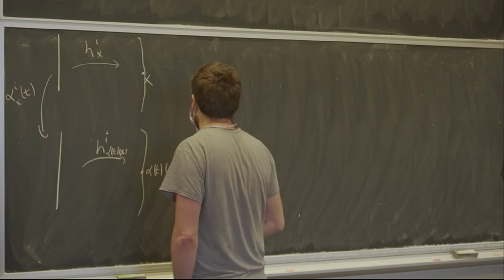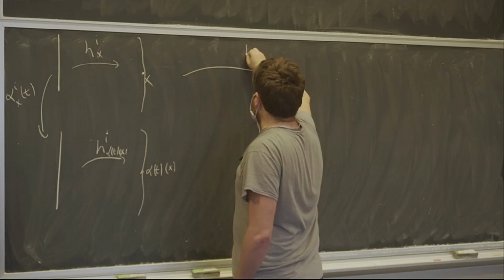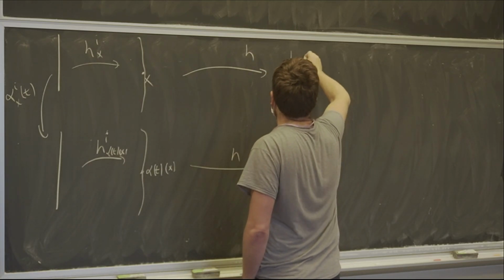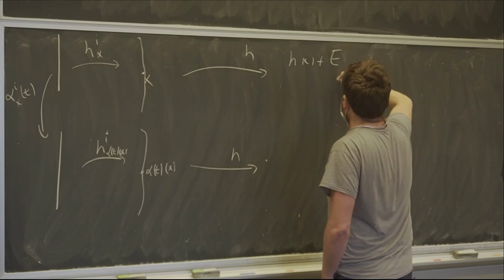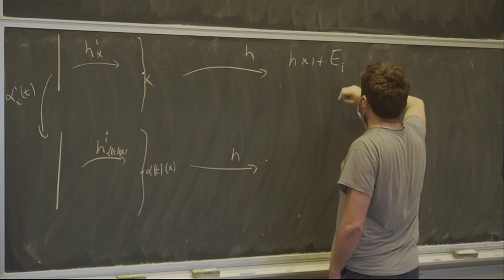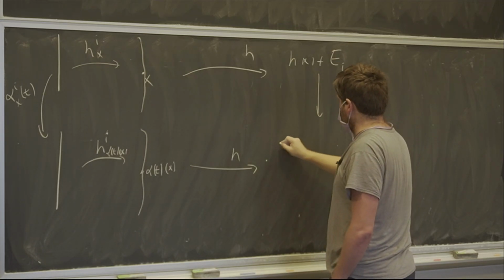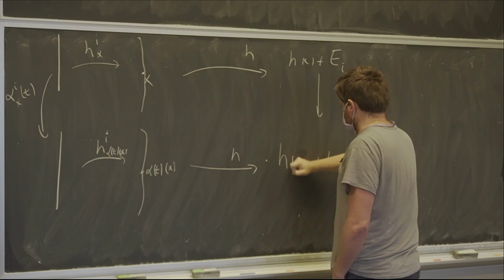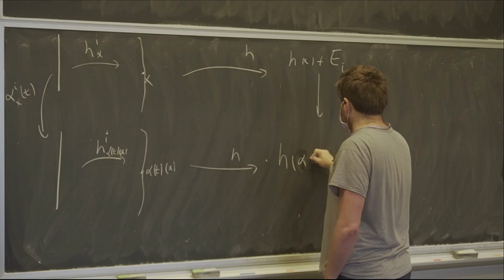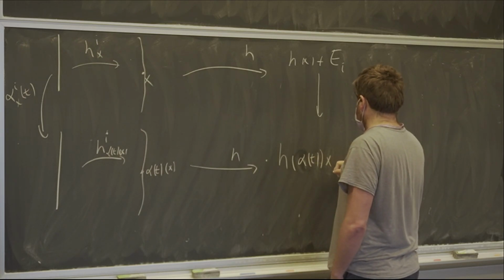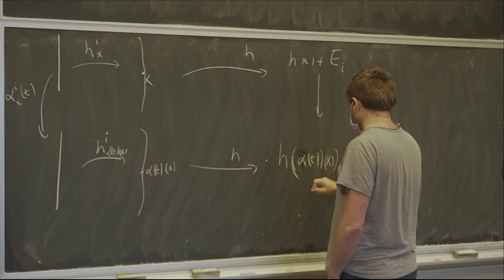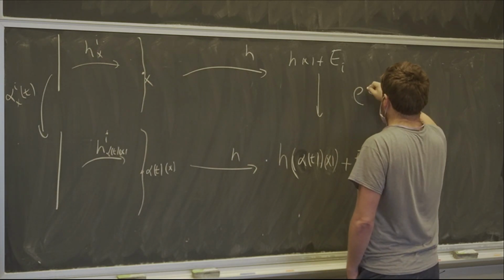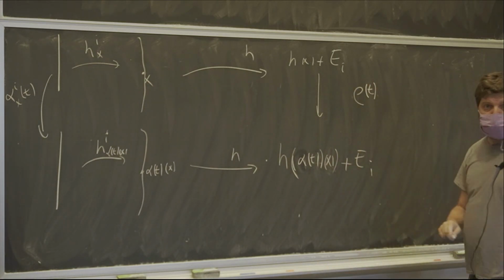Okay. Now I have this map h here and here. This map into hx plus ei, and this maps into hx, h alpha t of x plus ei, and this is rho of t.